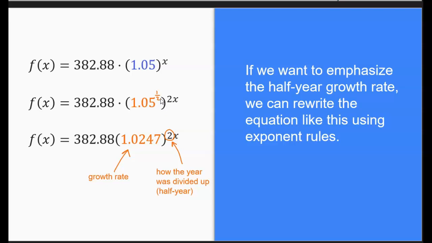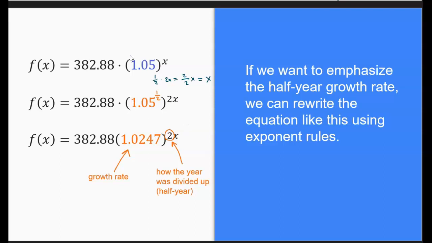Well, we know that an exponential raised to another exponent means we have to multiply these. So let's see what that becomes. I'm just looking at the exponents now. I have 1/2 times 2x. Well, that's going to be 2x over 2, and 2 over 2 is 1, so this is just x.